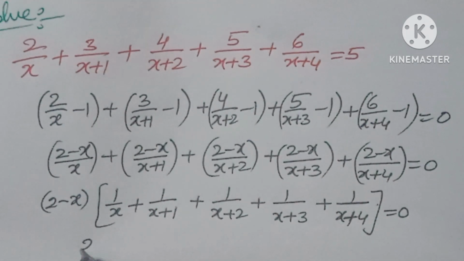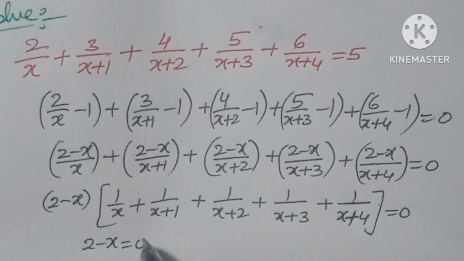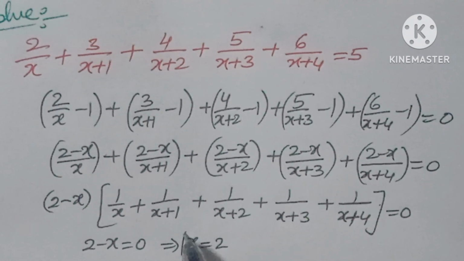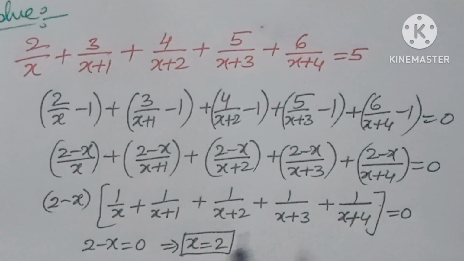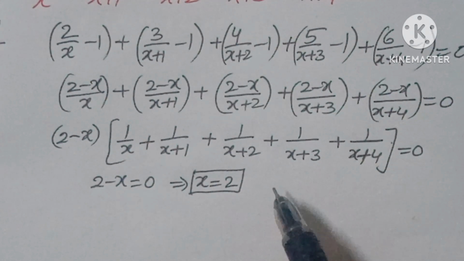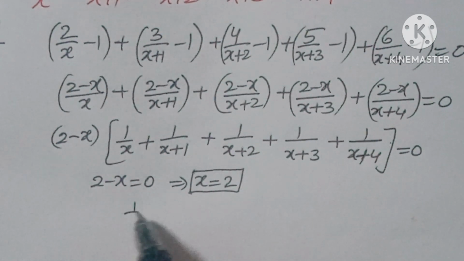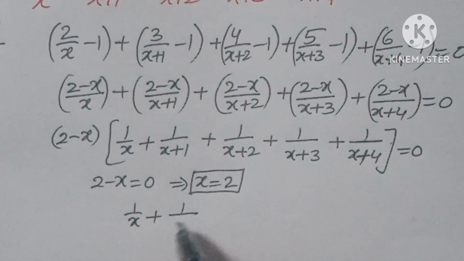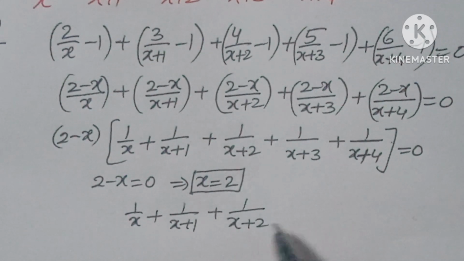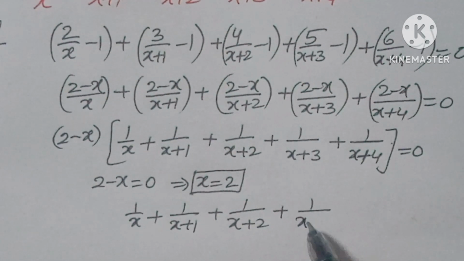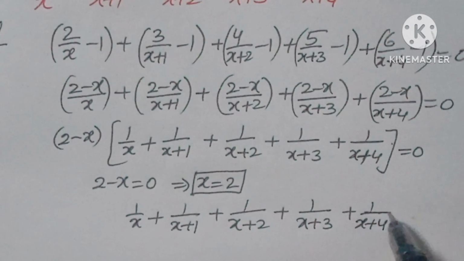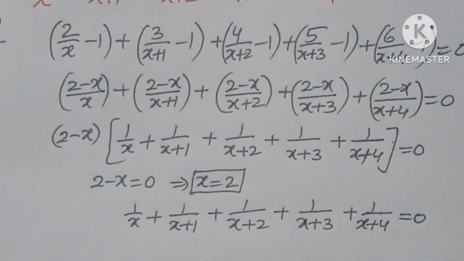Now here 2 minus x equal to 0, that implies x equal to 2 is one solution. So the other solutions you have to find here. Now here what we'll get: 1 by x plus 1 by x plus 1 plus 1 by x plus 2 plus 1 by x plus 3 plus 1 by x plus 4 is equal to 0.